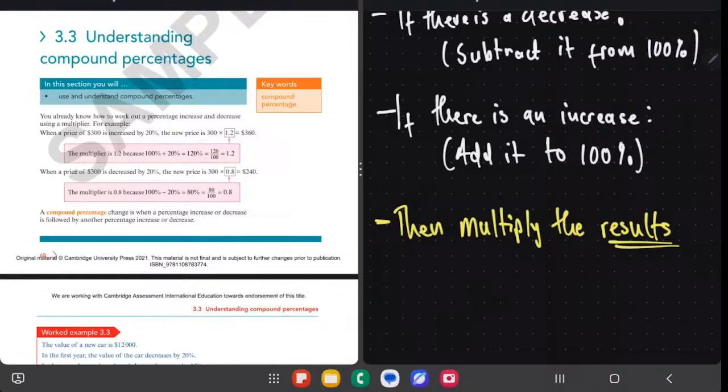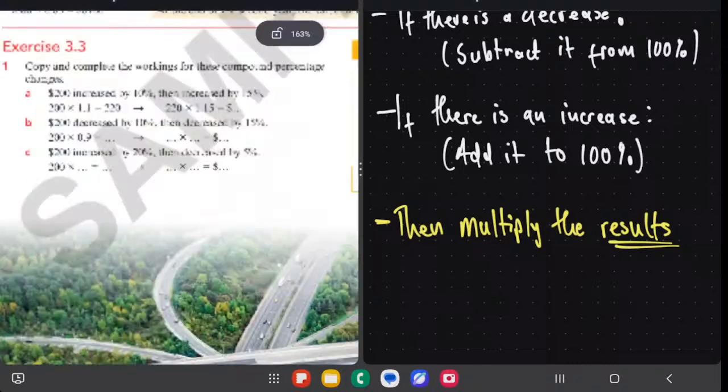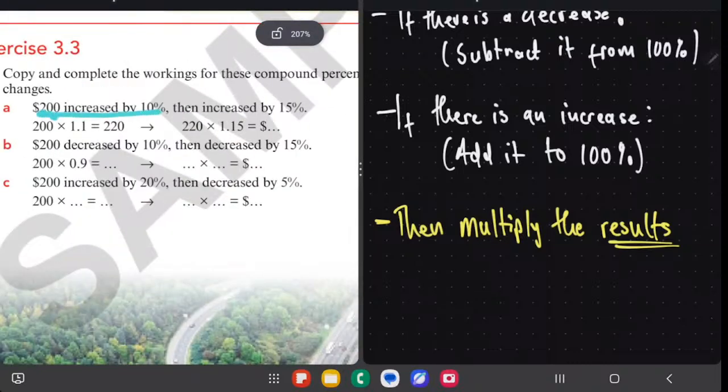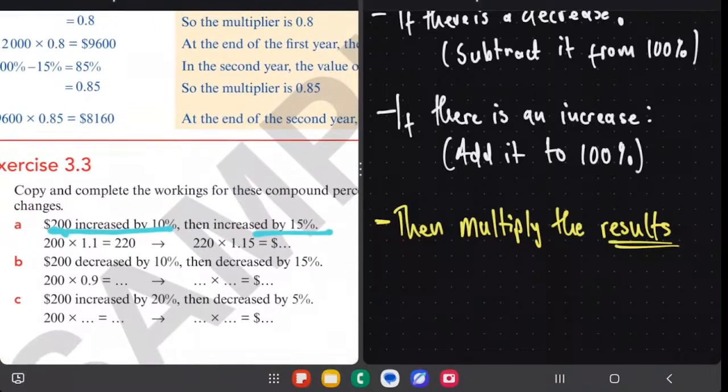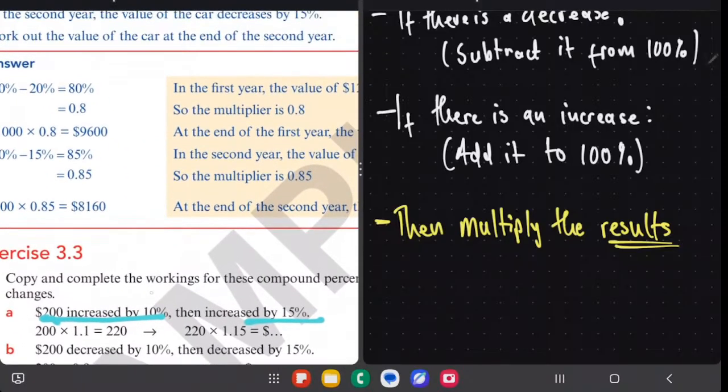Listen, 200 increased by 10%, then increased by 15%. Can you see this? $220 increased by 10%. Now, can I ask you a question? Is 10% going to be a special value to us?